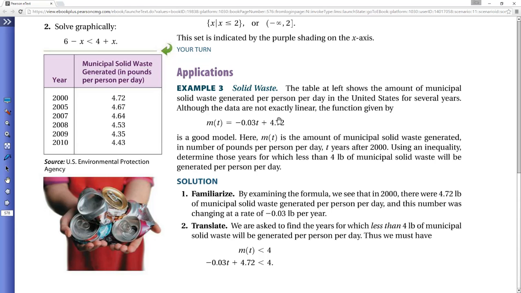Although the data is not exactly linear, they basically created a linear function to represent a close transition of where this stuff goes. It would be kind of like taking this data right here and making a coordinate plane. I start at year 2000, then I'd mark up the y-axis 4.72, and then in 2005 it's 4.67, 2007, and so on.